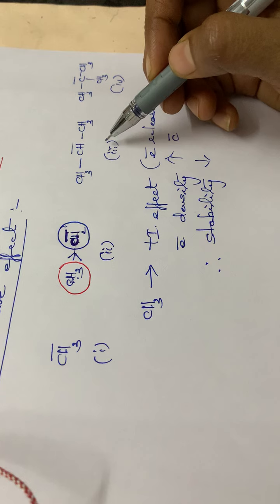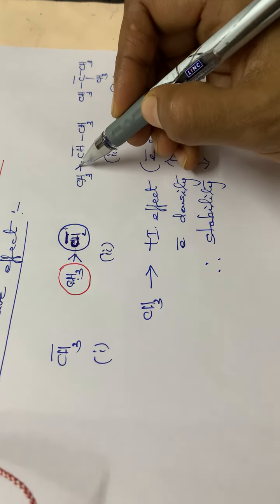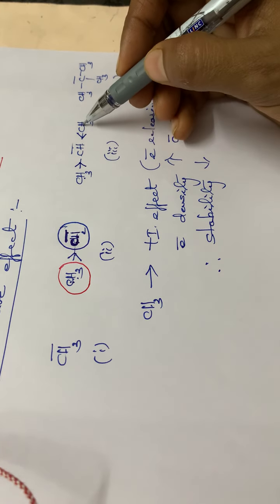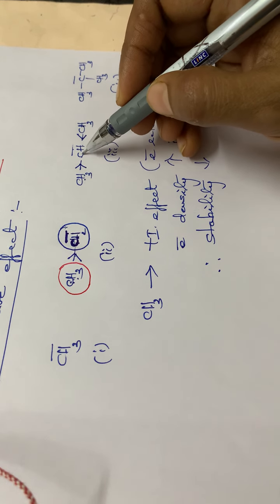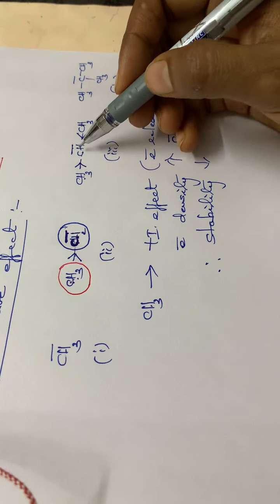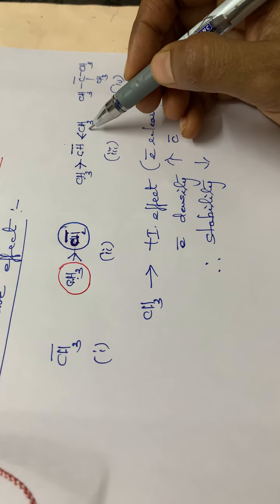Then coming to the next case, (CH3)2CH minus. Again, two CH3 groups are attached, that means two electron releasing groups are attached to this carbon atom. This carbon is already electron rich, and to this electron-rich carbon, electron-releasing groups are attached.